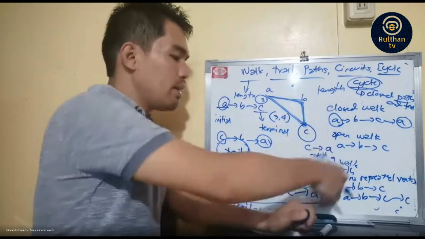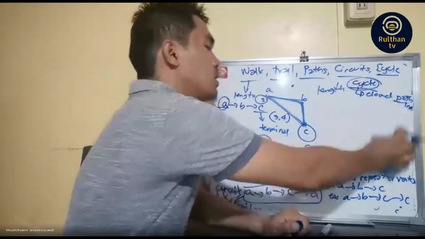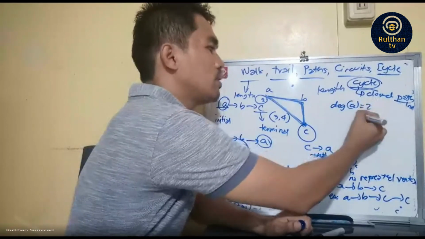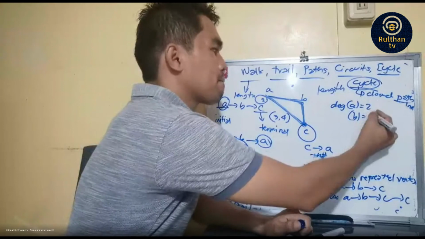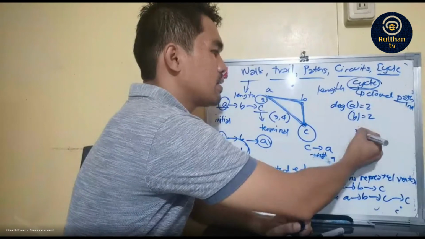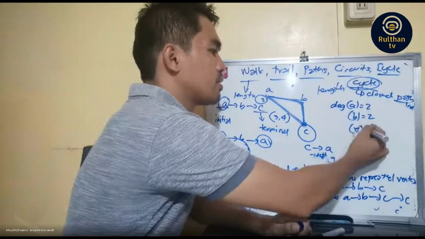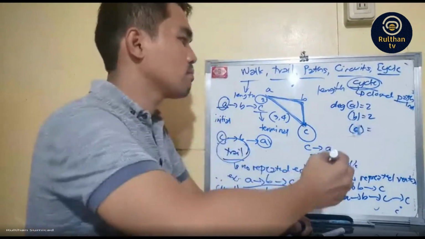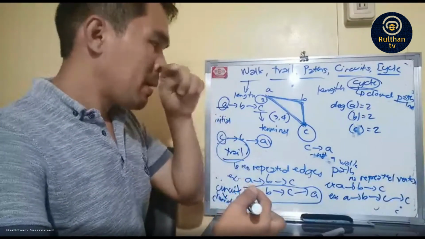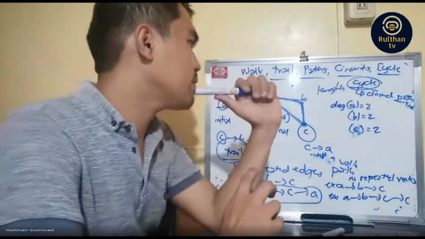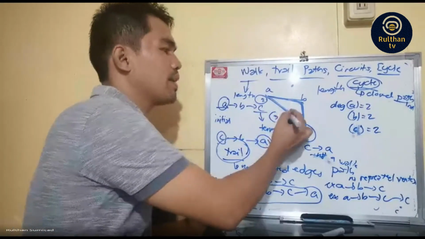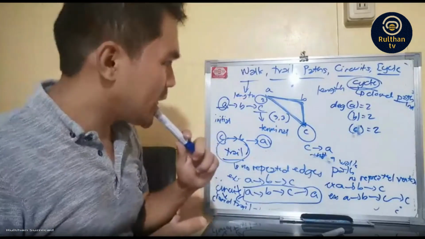Let's try to double check this one with the degree. So the degree here, A is 2, B is 2, C is 3, 2. Wait, I think there's something wrong.